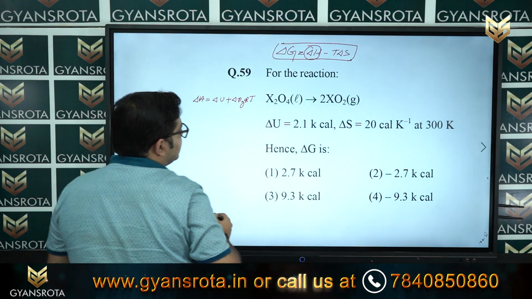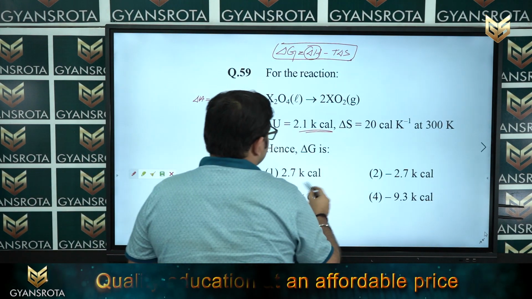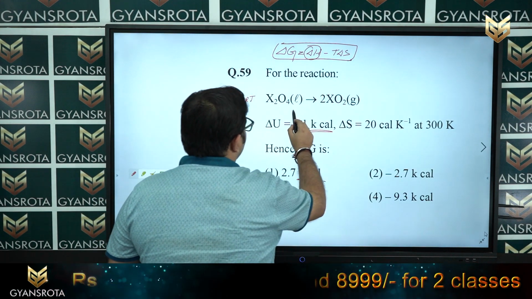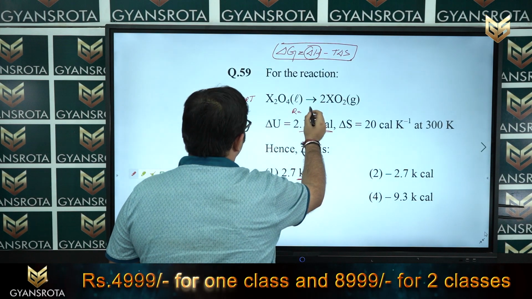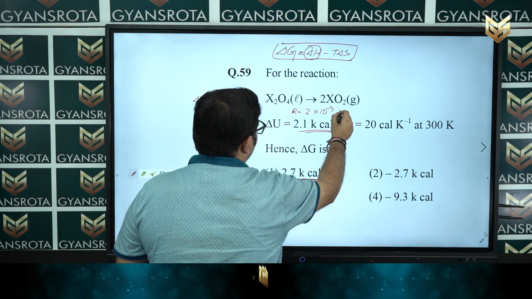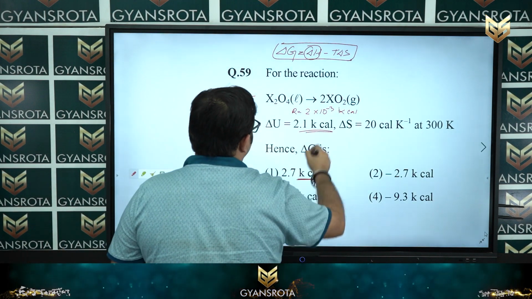Now, all values are given in kilocalorie, and in the answer also they ask in kilocalorie. So, here the R value we should take as 2 into 10 to the power minus 3 kilocalorie. This value we are going to take.